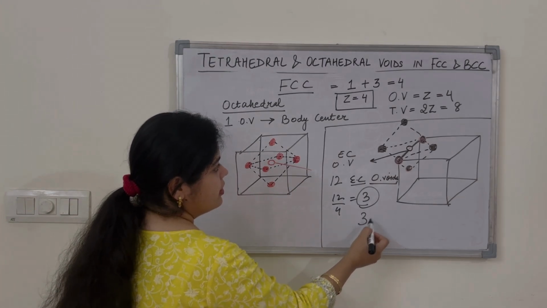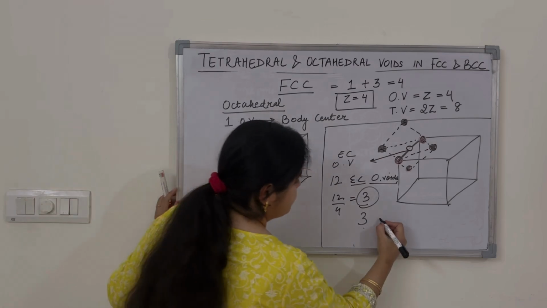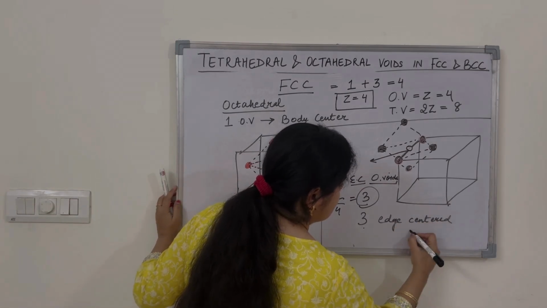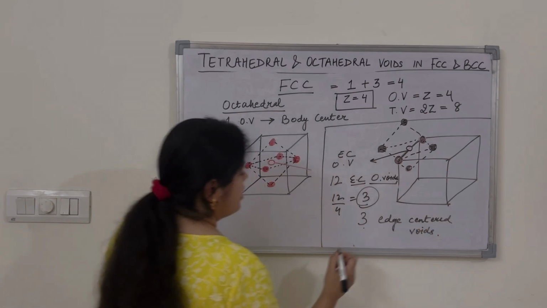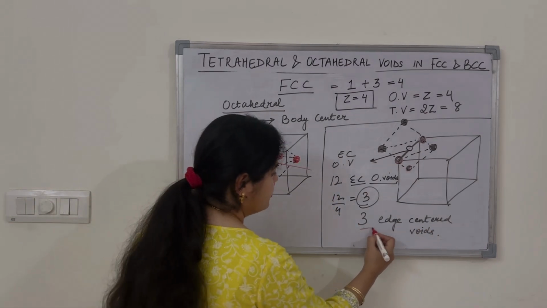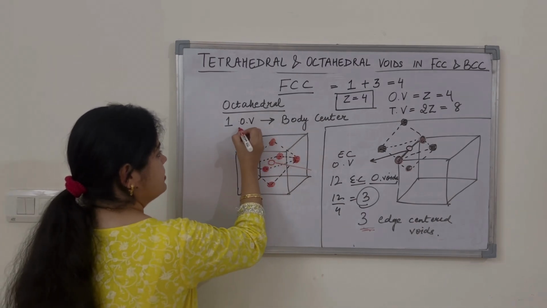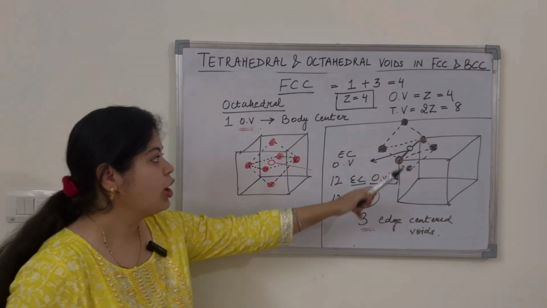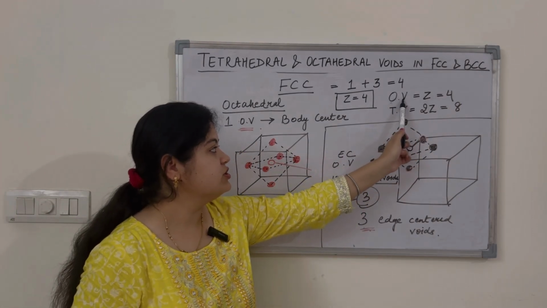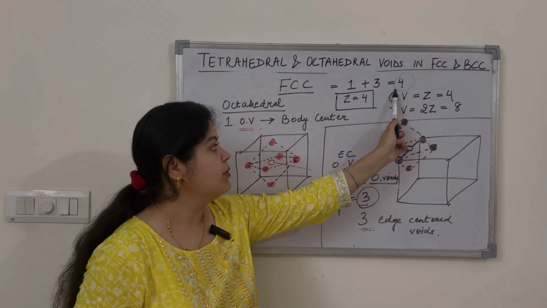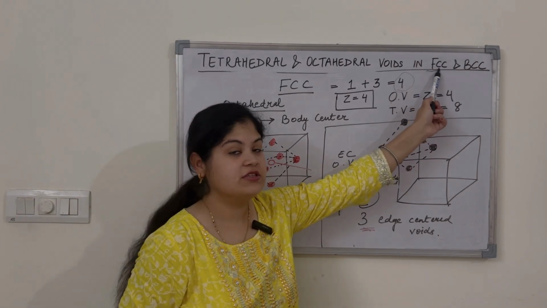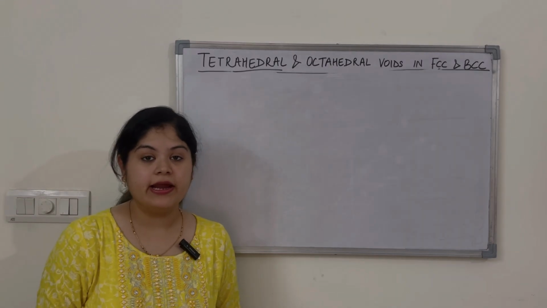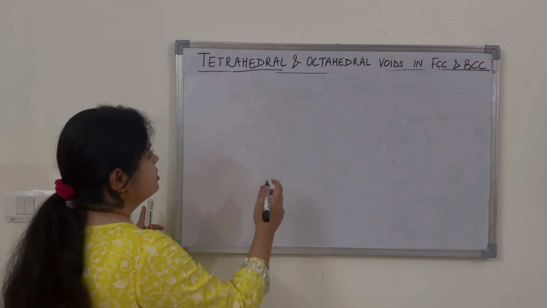So 3 edge centered voids, and 1 body-centered void. So 1 plus 3, 4 octahedral voids, which is the same as the number of atoms in an FCC lattice. So now we come to tetrahedral voids in FCC structure.